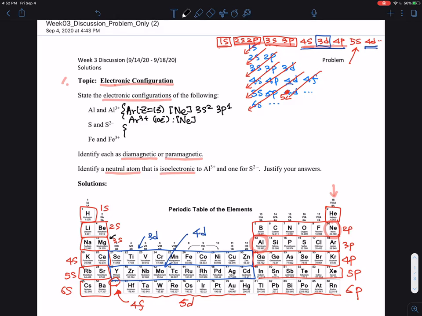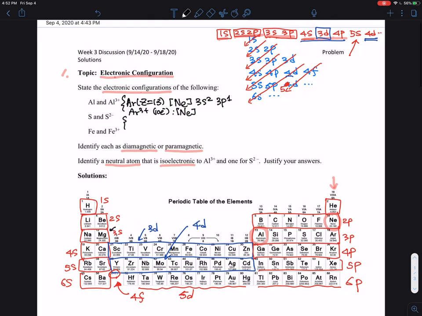What about sulfur? Sulfur is shown right here. Its Z is 16.